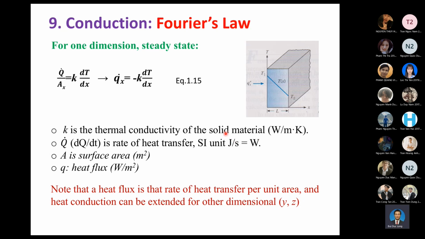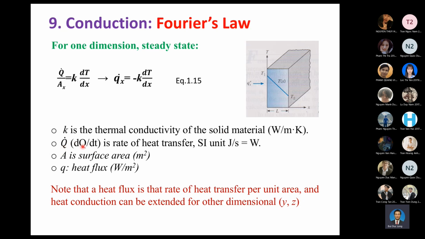For example, for copper, the thermal conductivity is around 400 watts per meter Kelvin. Copper has very high thermal conductivity. But for some insulators, for example some polymer or wood, the thermal conductivity is very small, maybe around 1.